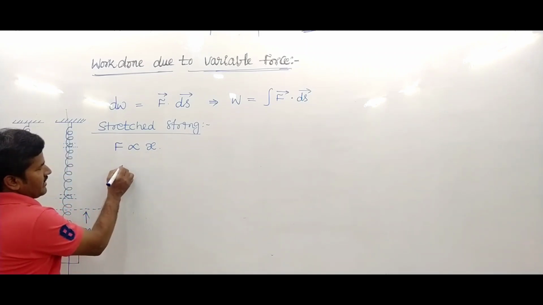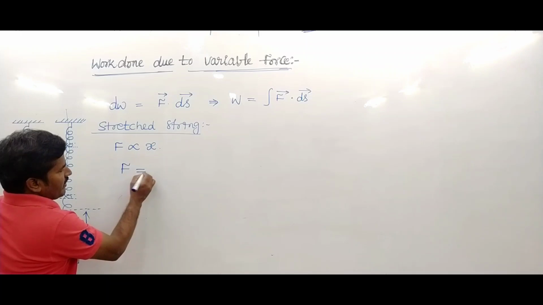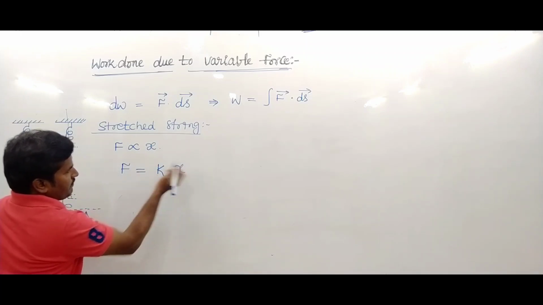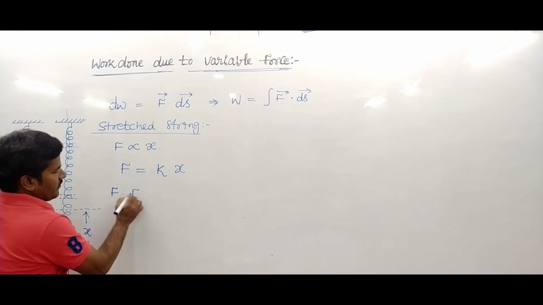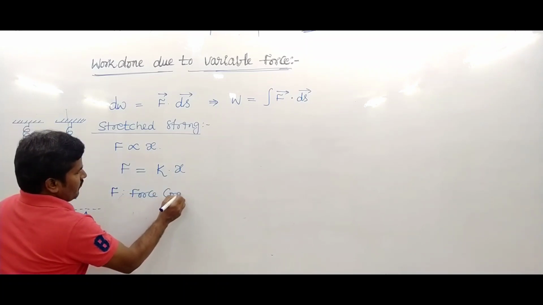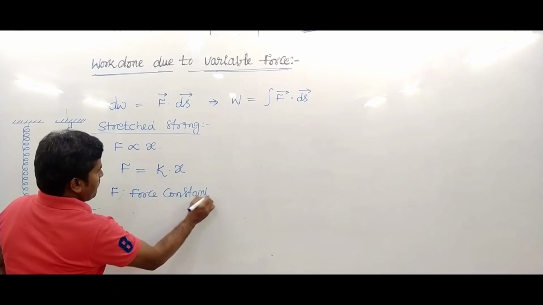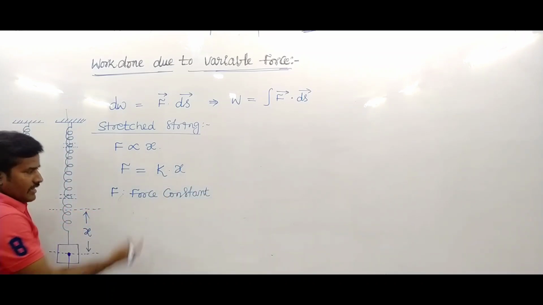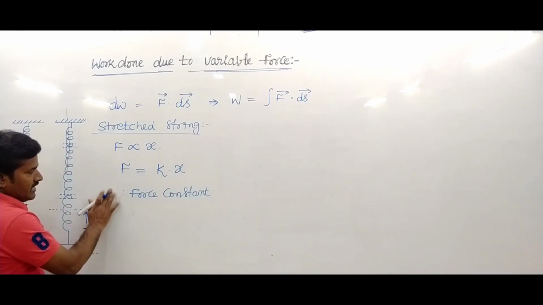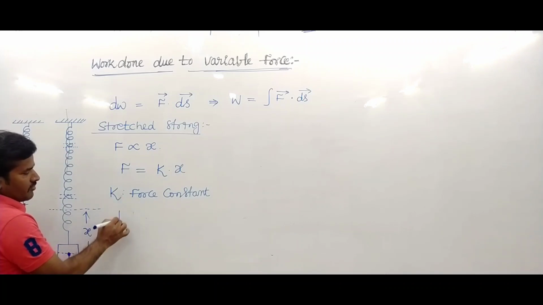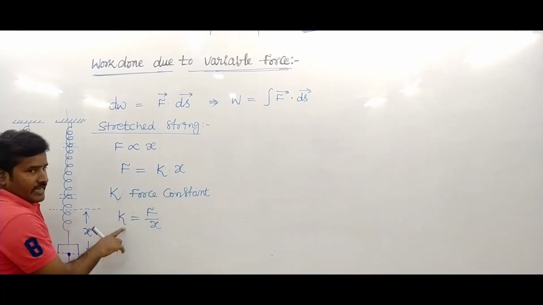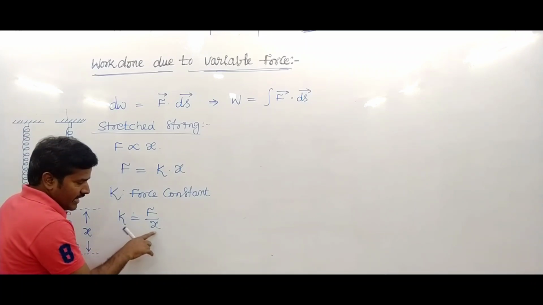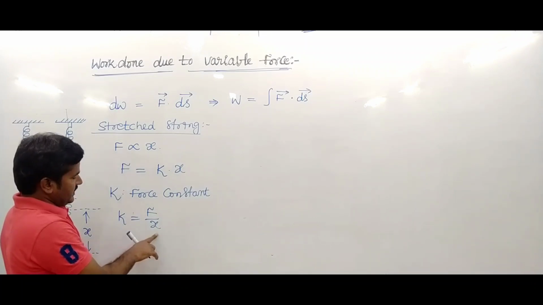F proportional to x, F equals k into x. k is the force constant, or spring constant. Here we are using the force constant k. So k is written as F upon x. k is independent of force and independent of displacement.